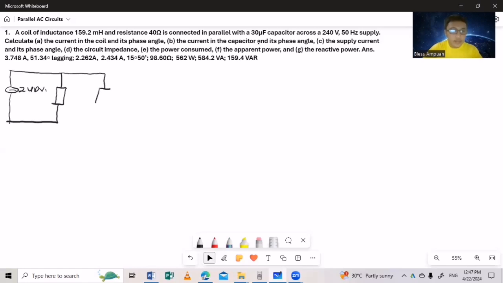So in our first example, the coil has an inductance and resistance. Okay, so in this one is our Z sub 1 and this is our Z sub 2.